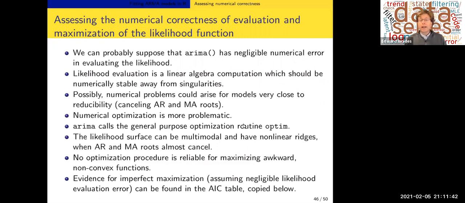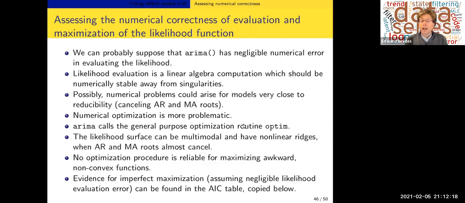At least, we're going to find that something is imperfect, and we're going to suppose, I think it's a correct supposition, that there's negligible numerical error in evaluating the likelihood. So likelihood evaluation for ARMA models is a linear algebra computation that should be pretty stable unless you're very close to a singularity. If you have cancelling roots, you do have such a singularity, so there could potentially be numerical issues there.